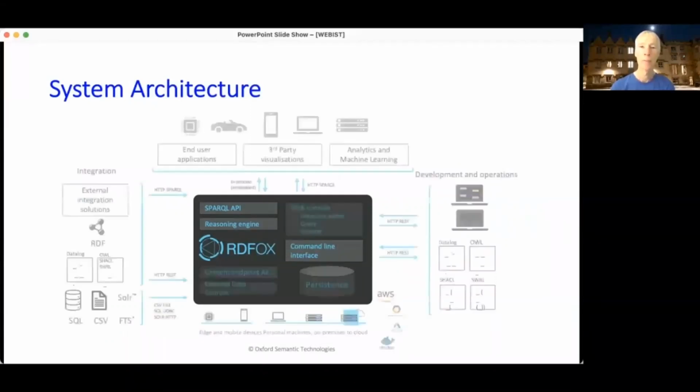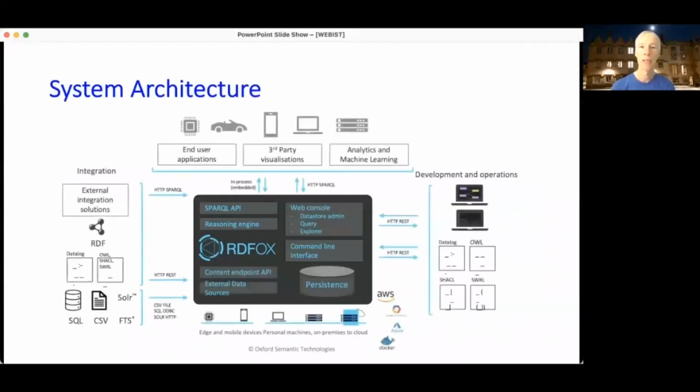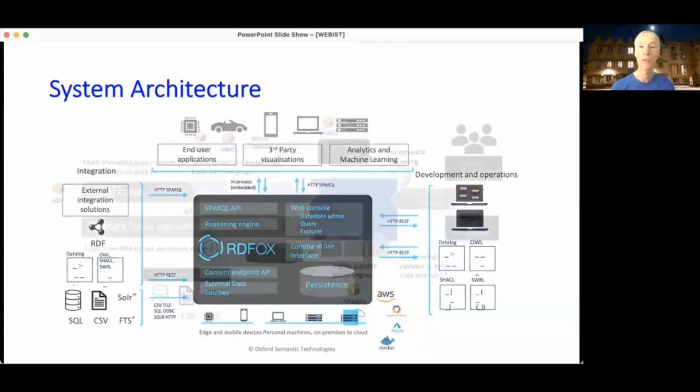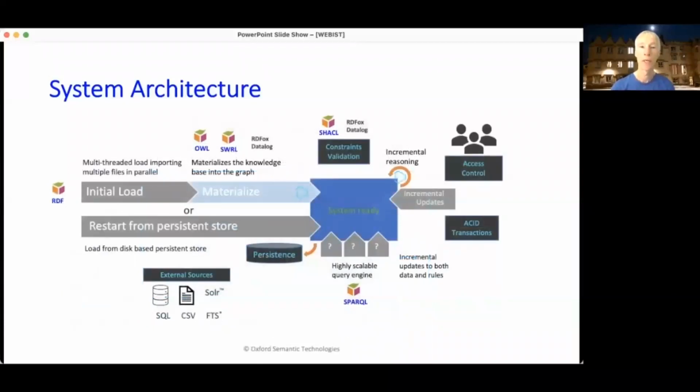We had to add numerous components, including connectors for external legacy data sources, a persistence layer that allows the graph to be stored and reloaded from disk, a web console for system operation and administration, an extended range of APIs to support applications and third-party extensions, and adaptations to allow for running the system in environments ranging from edge and mobile devices through to the cloud. We also had to add all the usual multi-user enterprise features such as access control and ACID transactions.